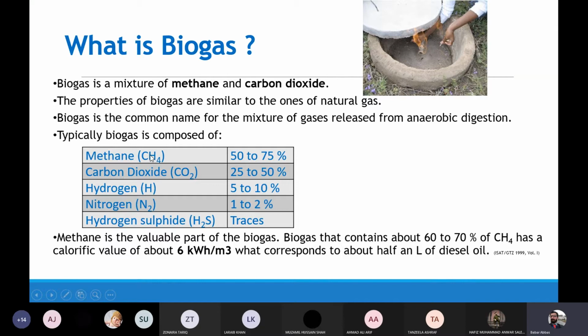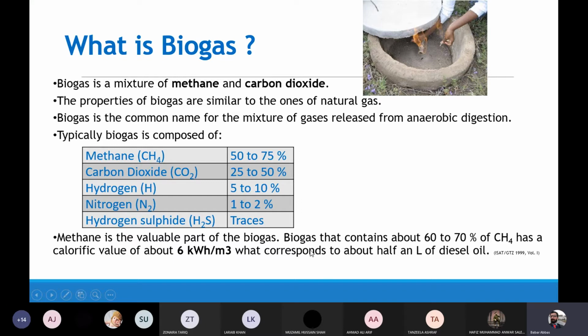And if you are having the components which have much more potential of producing methane gas, for example, if you are having 70% potential or 75% potential, then the carbon dioxide production potential would be reduced accordingly.